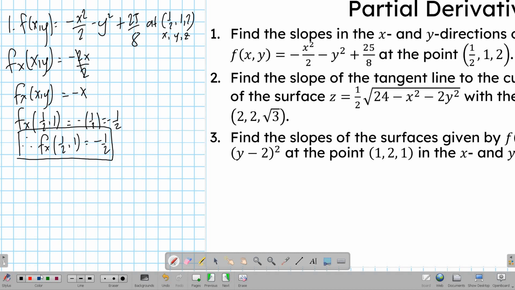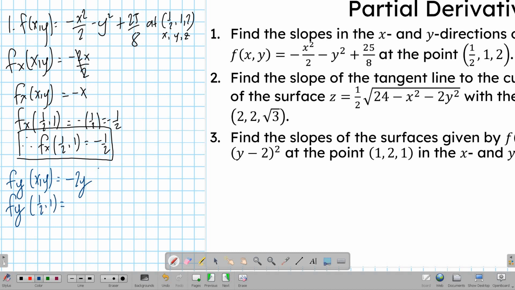If we're going to do the same in the y direction, we need to find the partial derivative in terms of y. Now, that makes the x term a constant, so the derivative of that is 0. Finding the derivative of this in terms of y, that becomes negative 2y. And since 25 over 8 is an actual constant, the derivative of that is 0. Therefore, to find the slope at the point 1/2, 1, 2, we do the same.